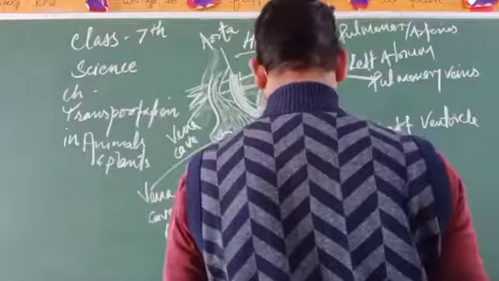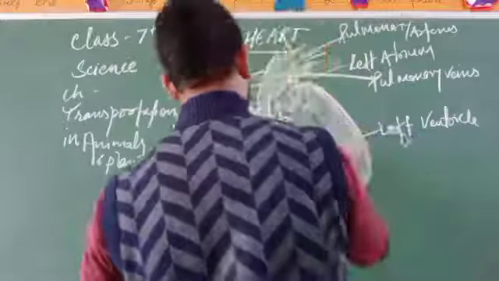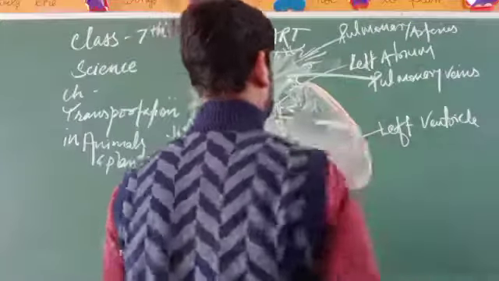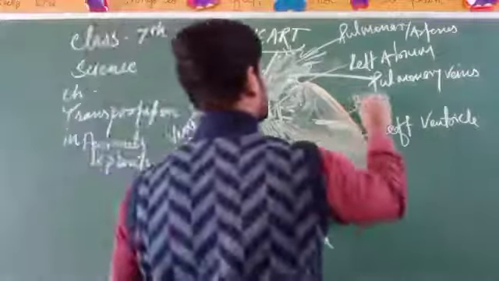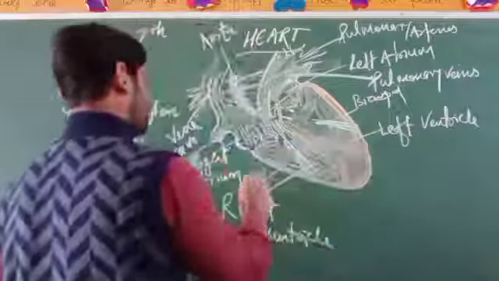Then left and right atrium, aorta, septum is there. There is a septum, that is the bicuspid and tricuspid valve.